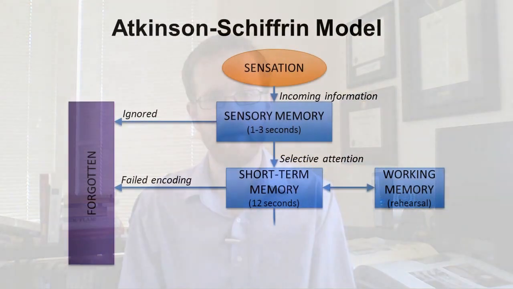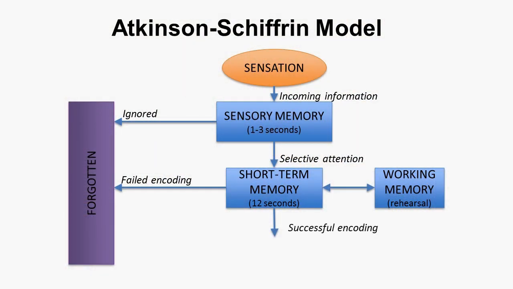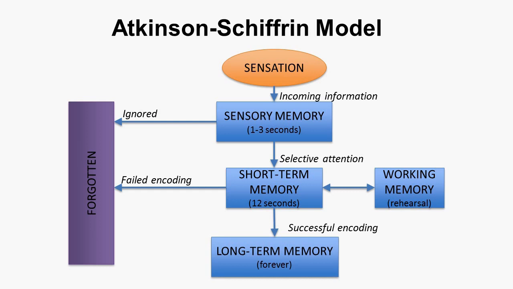If you want to keep memories around virtually for the rest of your life, then you need to get them into that long-term memory. And the way you get them into long-term memory is that encoding I was talking about earlier. You need to transform those memories into a form that you can store. So if you do encode the information in short-term memory, you can move it into long-term, where it's going to be stored.